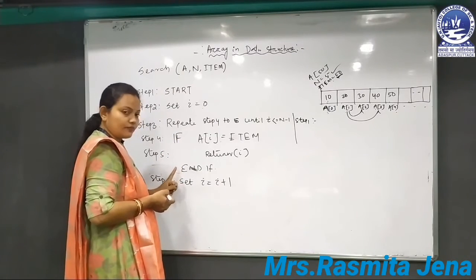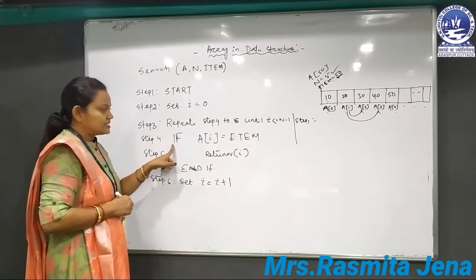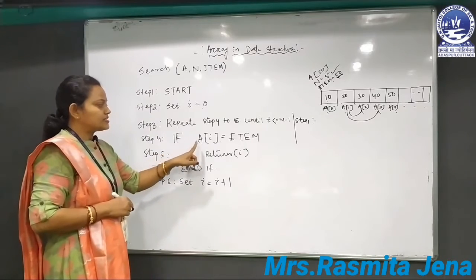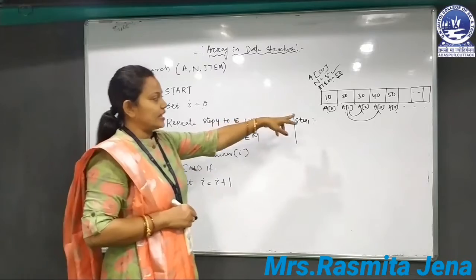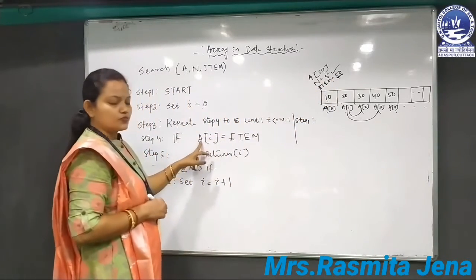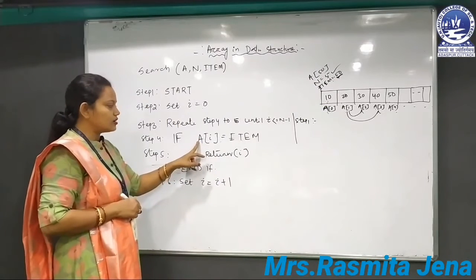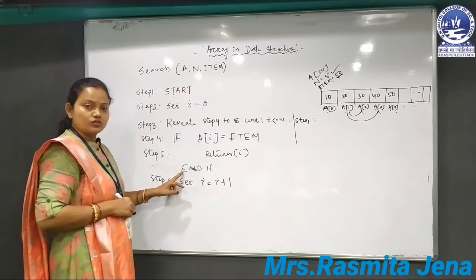So when this condition is false, that is A of 0, which is 10, is not equal to 50, we go from if to end if.